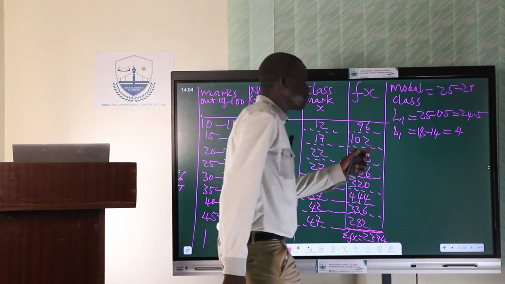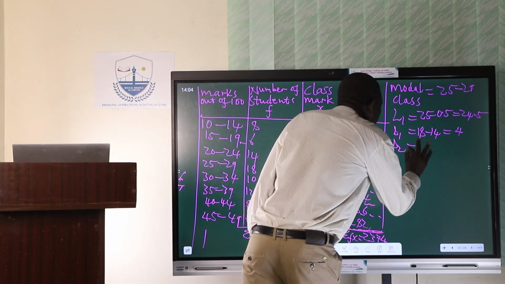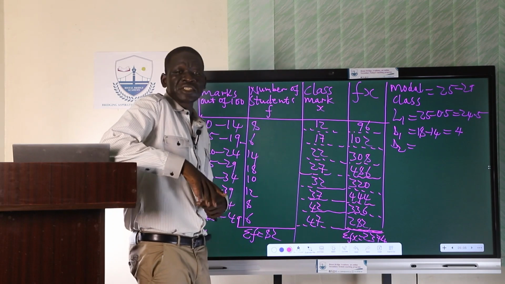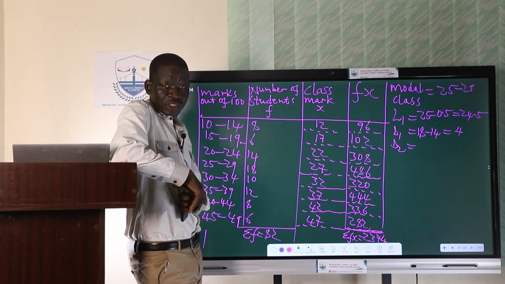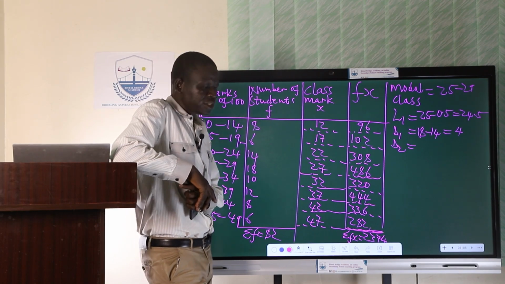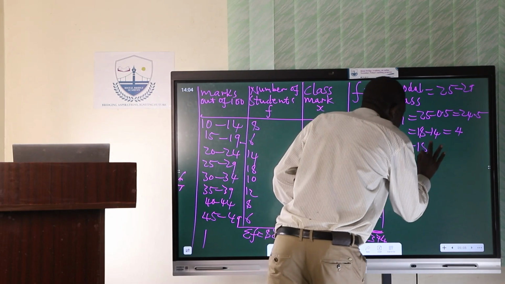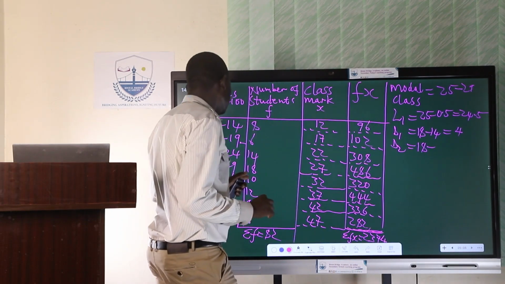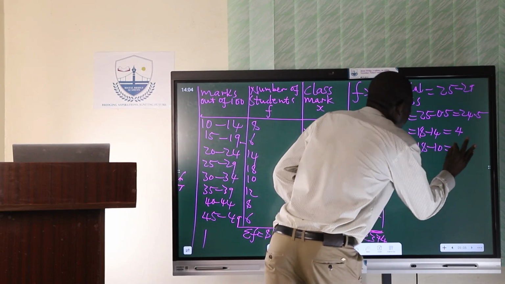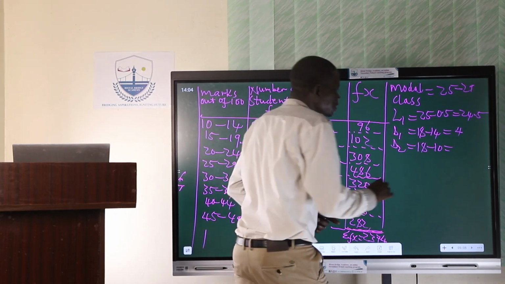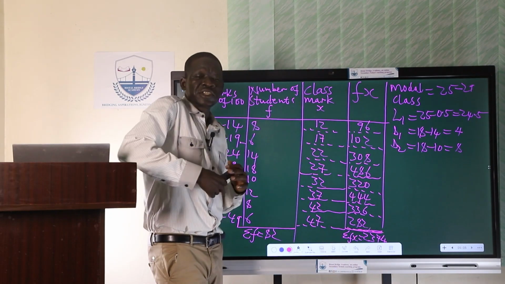So 4 is D1. Then we also calculate D2. D2 is the difference between the frequency of the modal class and the one after it. The frequency of the modal class is 18. The one after it is 10. Therefore, 18 minus 10 gives us 8. So 8 is D2.